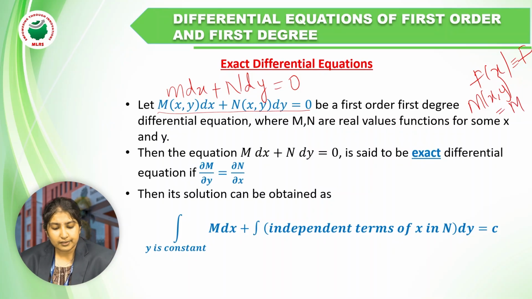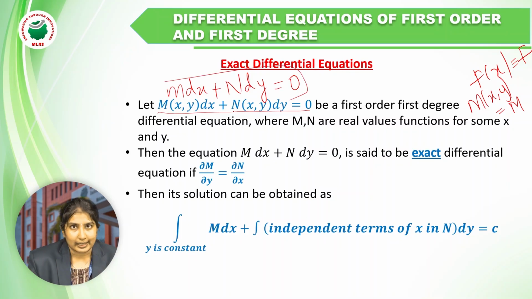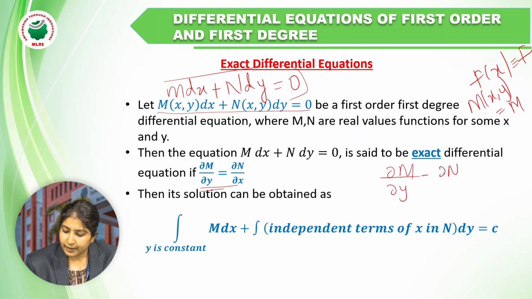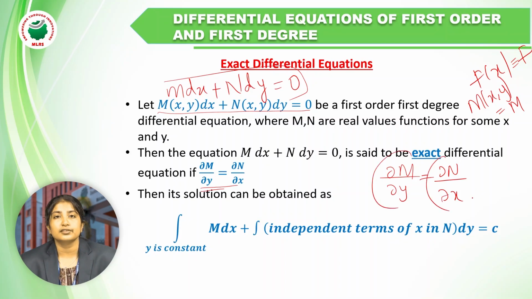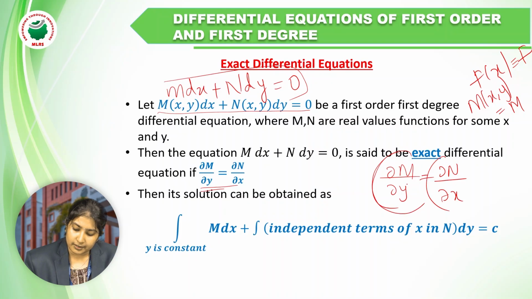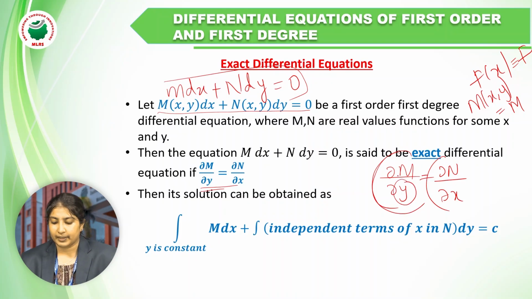So this equation is said to be exact if it satisfies the condition dou M by dou y is equal to dou N by dou x. One thing here you should remember is that this is partial differentiation. This is not normal differentiation. The difference is that in partial differentiation, you can only differentiate with respect to the given variable, that is with respect to only the independent variable.